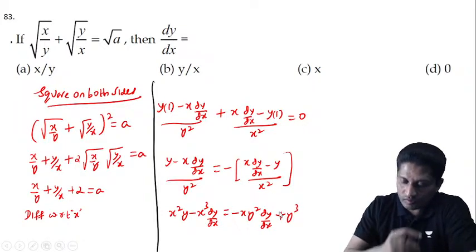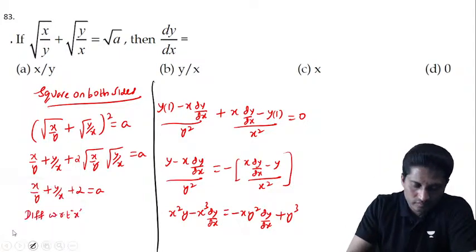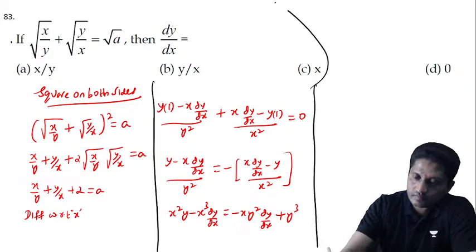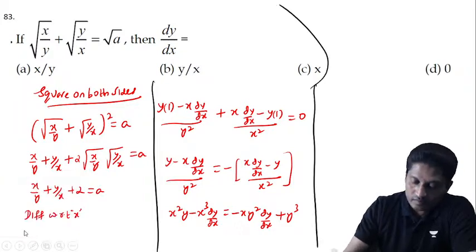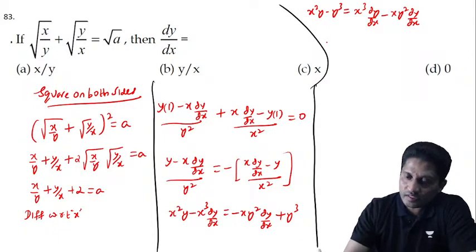Alright, now if I do the grouping, this is x square into y minus y cube is equal to x cube into dy by dx minus x into y square into dy by dx. If I take y common, it is x square minus y square.